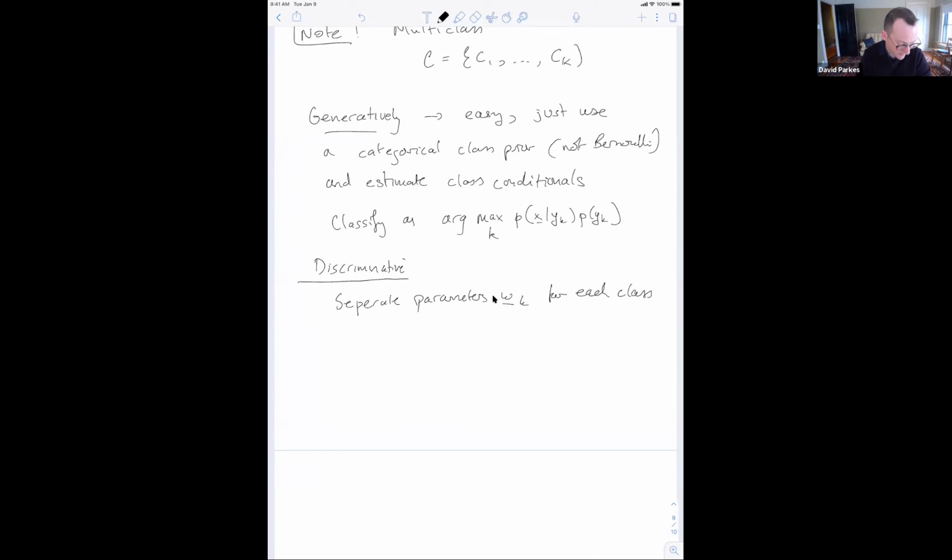We were using the sigmoid function. Now we would use a softmax function. So again, when we're doing this discriminatively, this is what we're modeling, the label conditional probability. And we'll write this now as what's called a softmax function, which some of you might have seen before, which for class K looks like this.